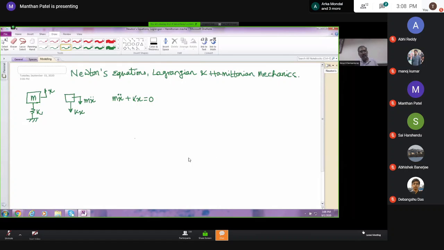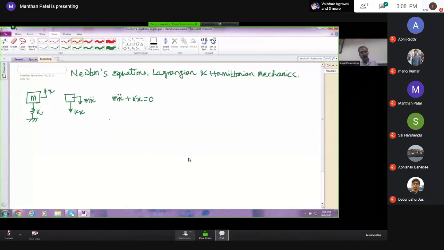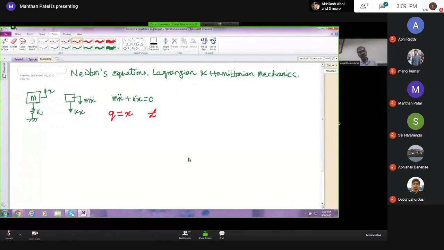If you write in terms of Lagrangians, we write our Lagrangian in terms of generalized variables. So let us say we define q, the generalized coordinate, as x. Then Lagrangian we define as a function of, let's say, q and q dot, as T minus V. We can add Rayleigh dissipation and other things afterwards, so let's not worry about that.